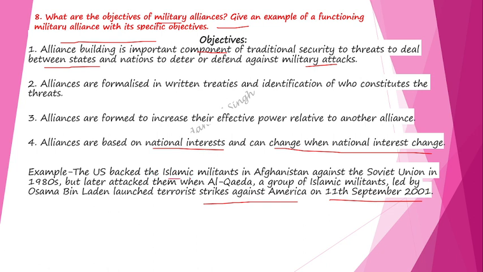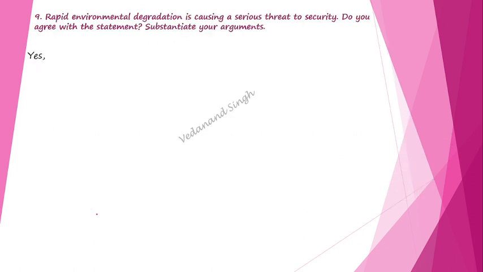They were sent to Afghanistan against the Soviet Union in 1980, but the attack was by the Al-Qaeda group, an Islamic military group, and they led the terrorist attacks against America on 11 September 2001. This is an example, you may write it down in your copy. I have taken this example from the NCERT book.